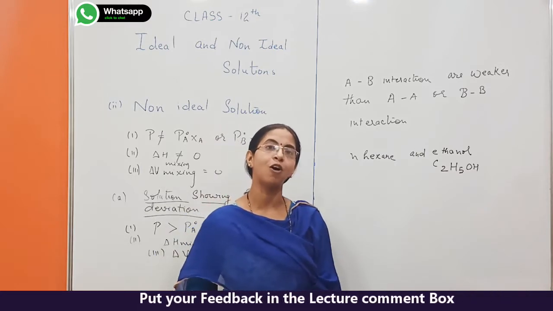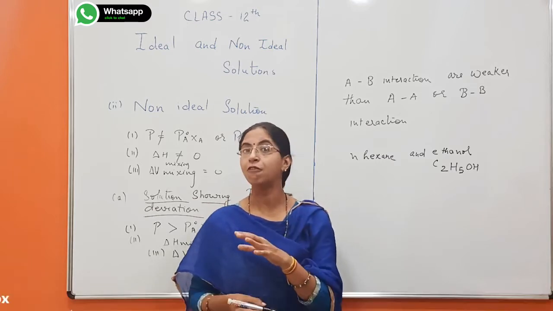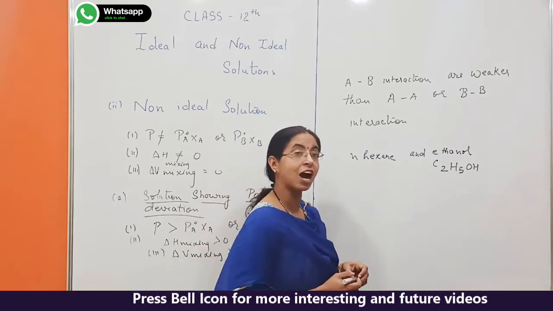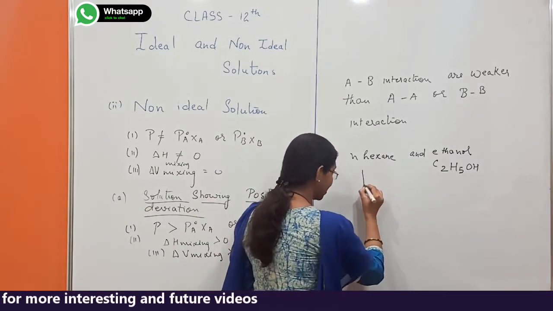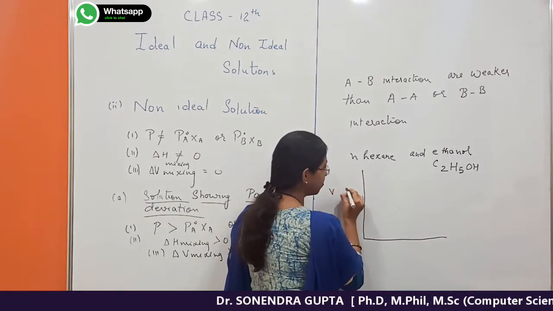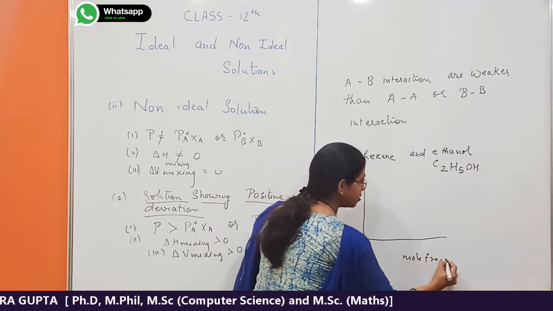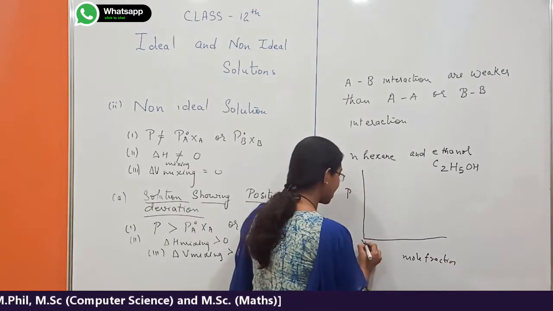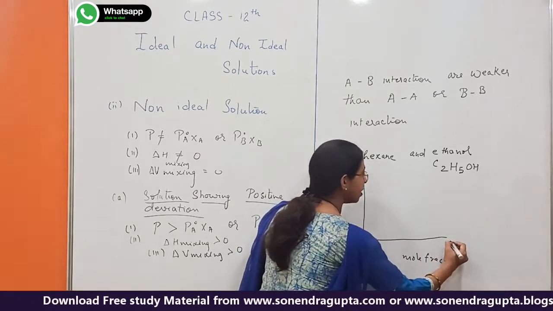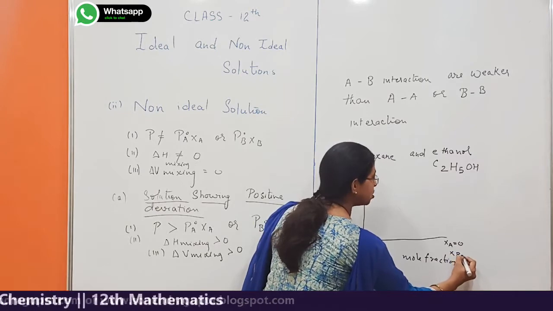Now, in this type of condition, how does the graph plotted for the Raoult law look? Let me draw the graph here. Here it is vapor pressure. Here it is mole fraction. Fine. So, we get XA equal to 1, XB equal to 0. Then here XA equal to 0 and XB equal to 1.